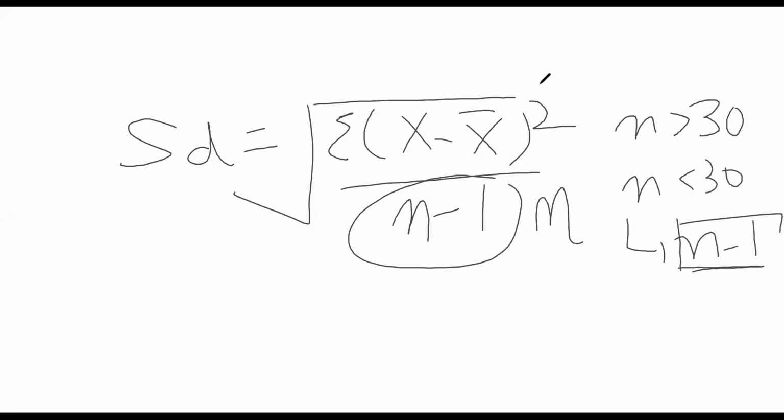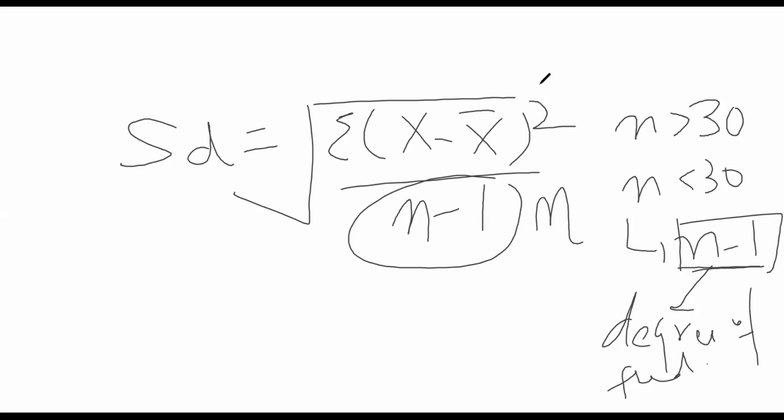This n minus 1 is called the degree of freedom. So what is this x minus x bar? X bar is our mean and x is our individual values. So we calculate the deviation of each individual value from our mean and then square it.